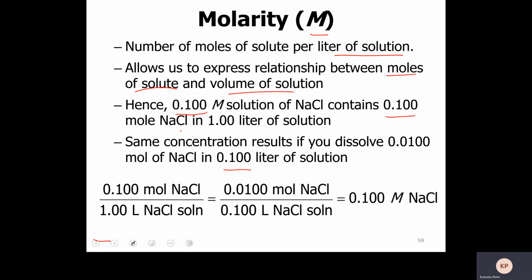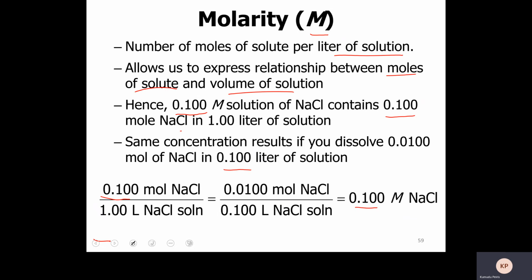How did that happen? When we divide the 0.100 mole sodium chloride by the 1.00 liter of its solution, it will result in 0.100 molar.